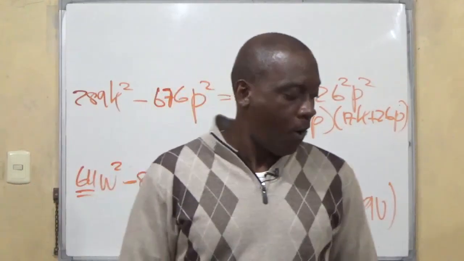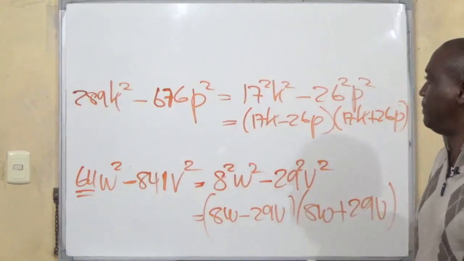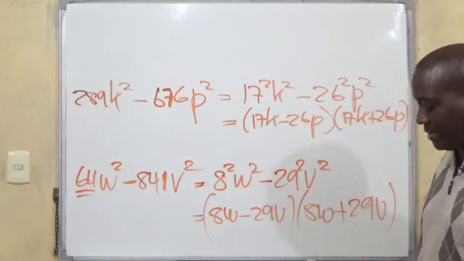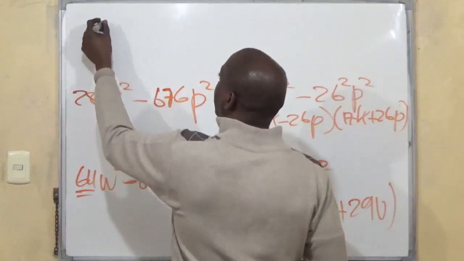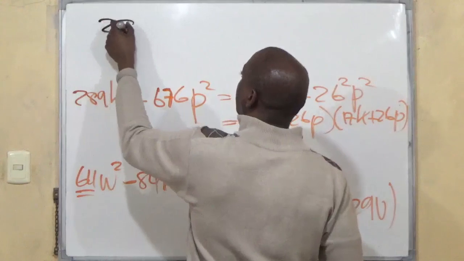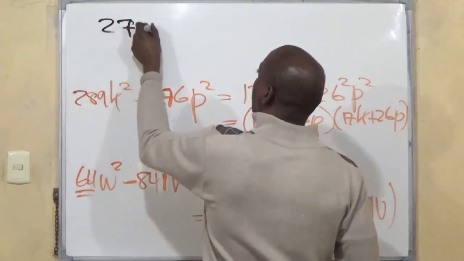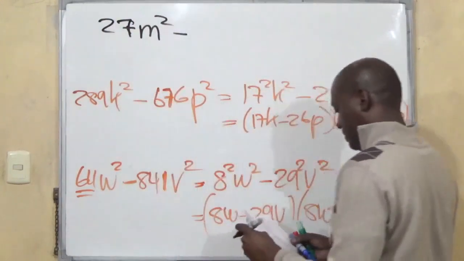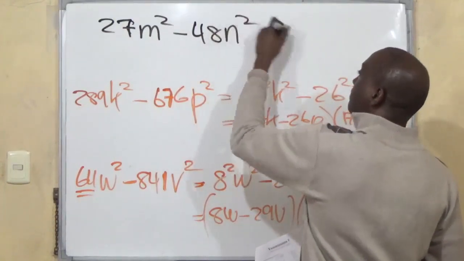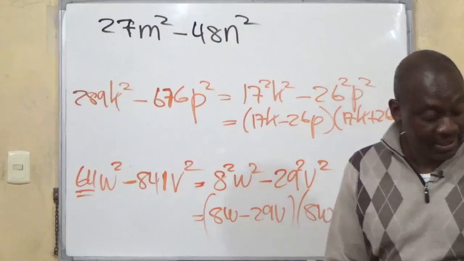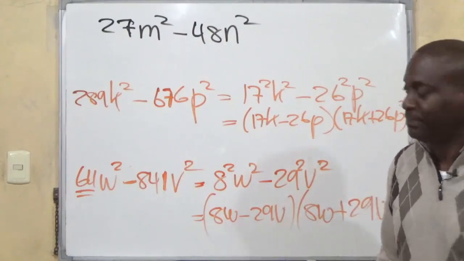So, how about this example now? Let us say we had to factorize 27m squared minus 48n squared. You could get one of them too, right?